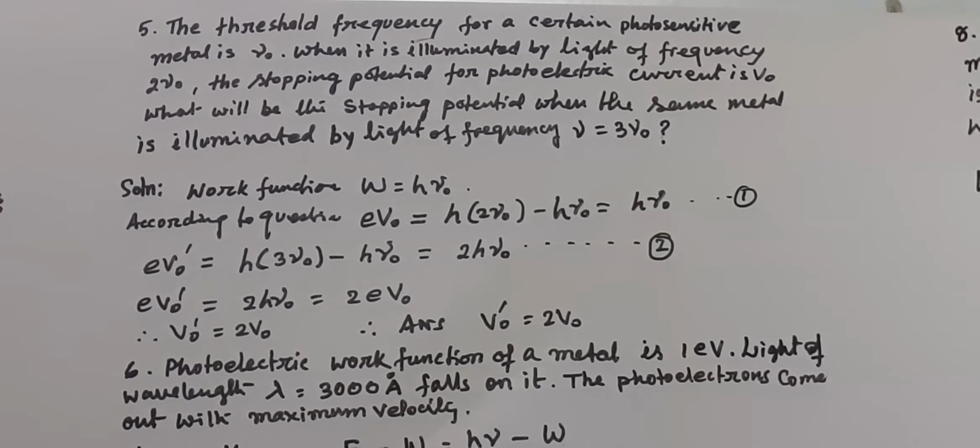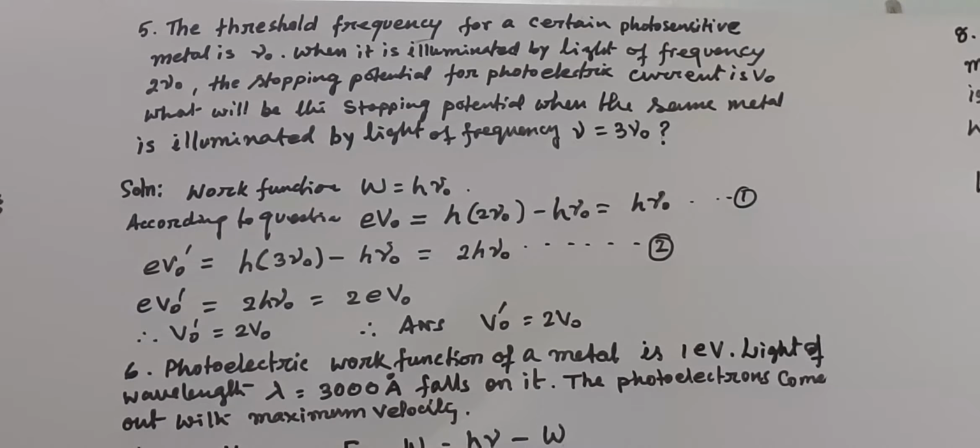What will be the stopping potential when the same metal is illuminated by light of frequency nu equal to 3 times nu naught? In the question we have taken a higher frequency level, so the stopping potential will increase. Let us start. The work function for this will be h nu naught.